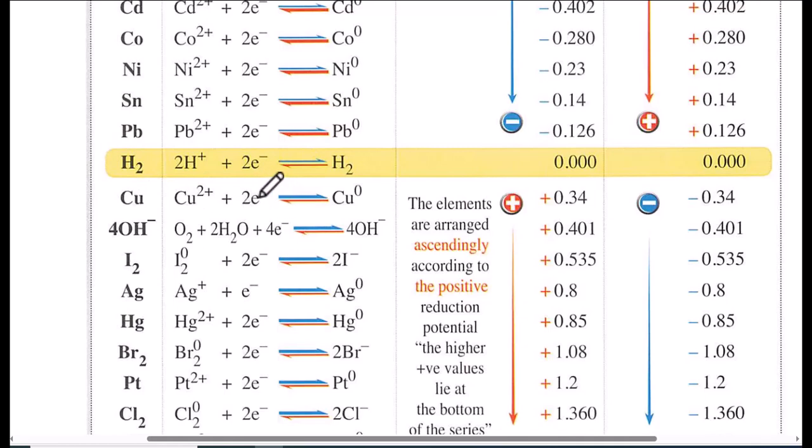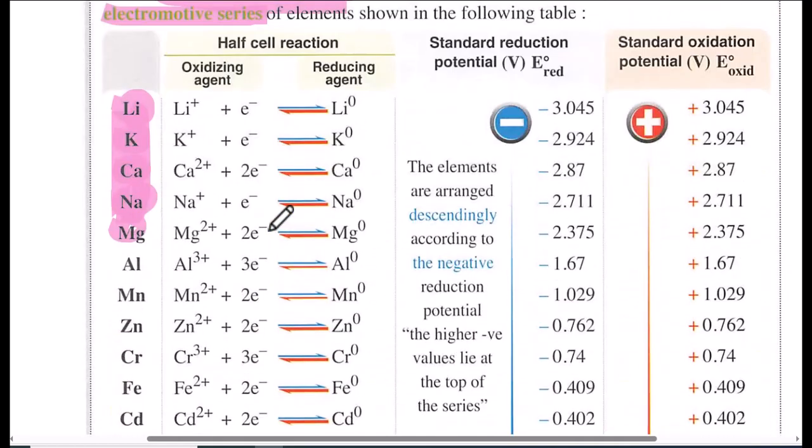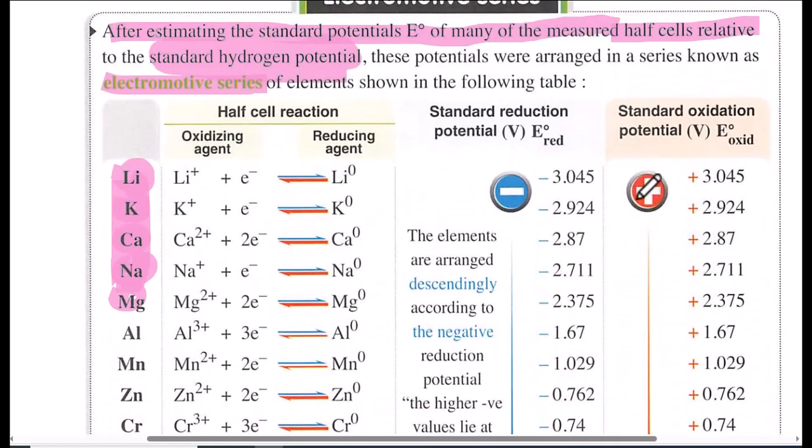So the electromotive series is the arrangement of elements descendingly according to their oxidation potential or ascendingly according to their reduction potential. From the point of view of reduction potential, lithium, for example, has a standard reduction potential equal to minus 3.045.